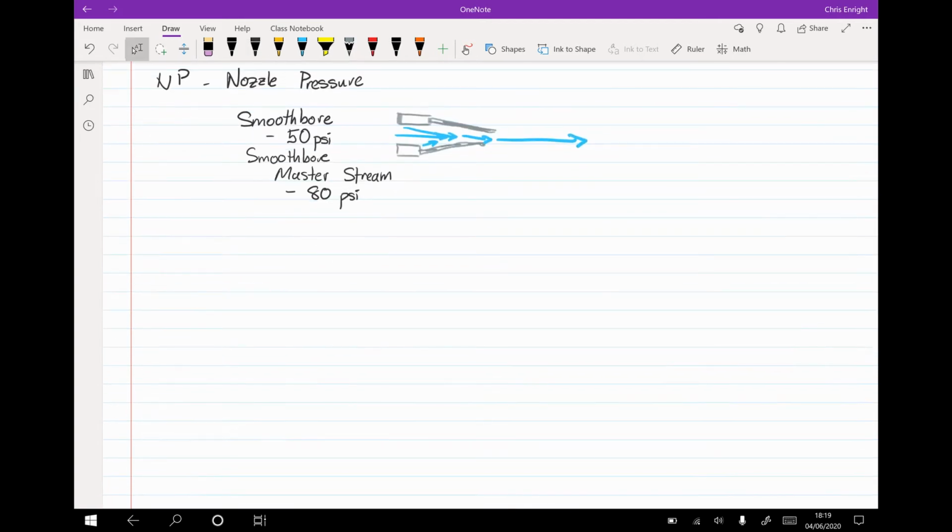So then we get into some of the more specific nozzle types, the more interesting ones. Fog nozzle, which is what we have on damn near everything. For a fog nozzle, we need about 100 psi at the entrance to that nozzle. This is because you've got a lot more moving parts inside of that nozzle.